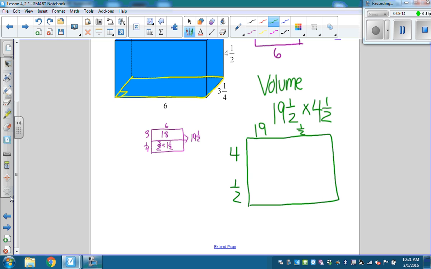I can use the area model again for that. 19 times 4, 19 and 19 are 38. 38 plus 38 is 76. Half of 4 is 2. Half of 19 is 9 1/2. And half of a half is 1/4.